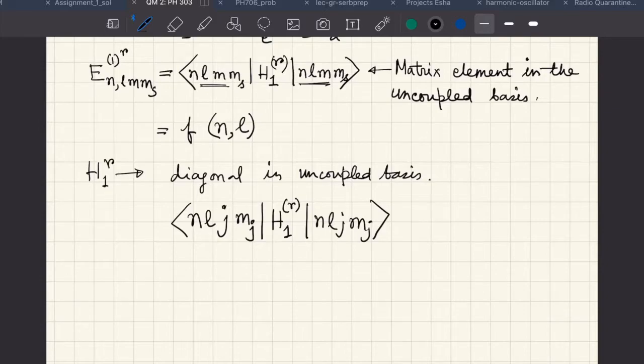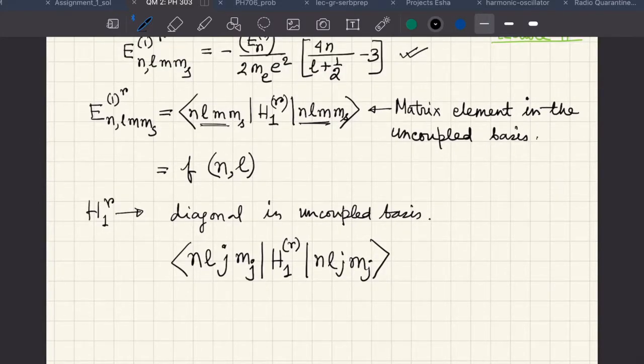Then do we need to recalculate it from the start in the coupled basis, or can we actually say something from our calculation which we already had done in the uncoupled basis, which we have written here? Now the answer is no, you really do not need to calculate it afresh, because this and this are really the same.